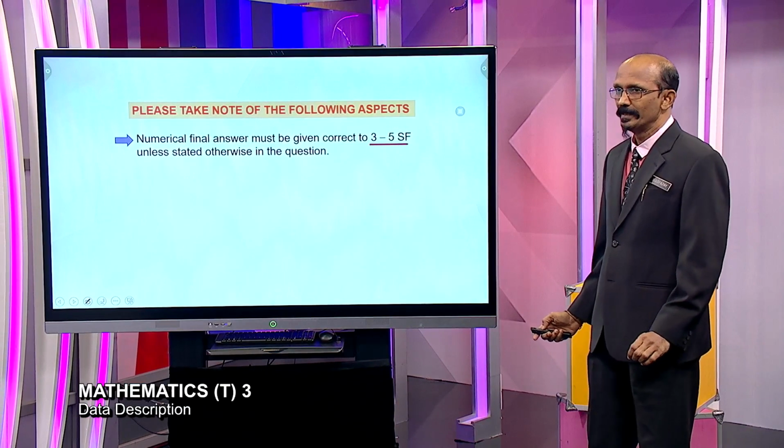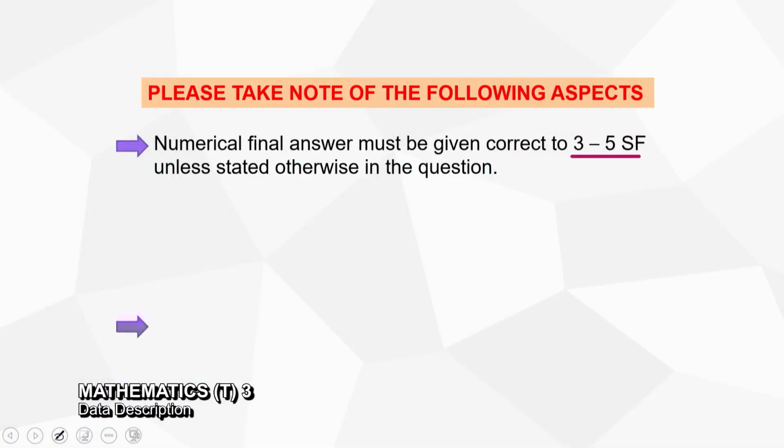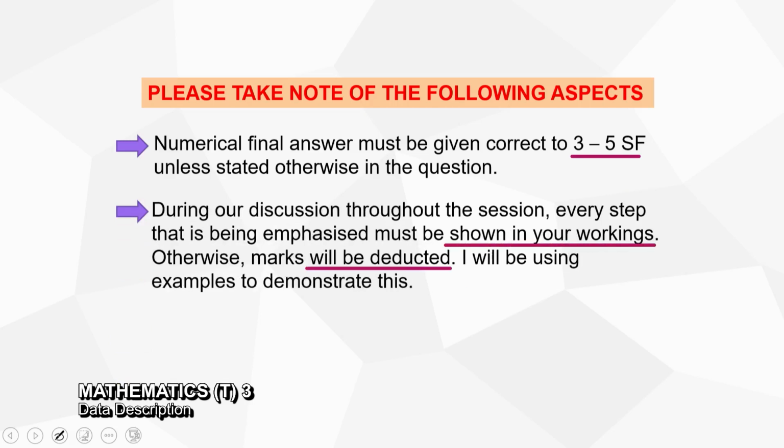Be very careful: anything less than 3 or more than 5 is considered wrong. Next, every step that is emphasized during our discussion must be shown in your working, otherwise marks will be deducted. I will be using examples to demonstrate this.